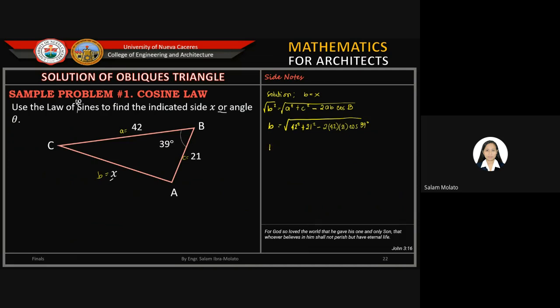So we can now compute for B. Please check it with your calculator. B is equal to 28.88, and this is equal to X. So that's 28.88, our final answer. You can check it with your calculator.